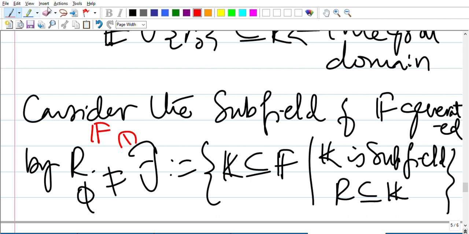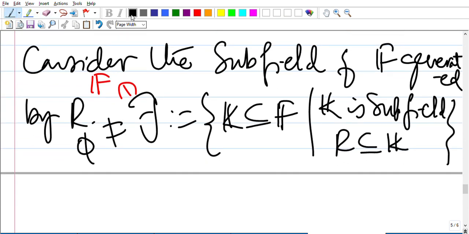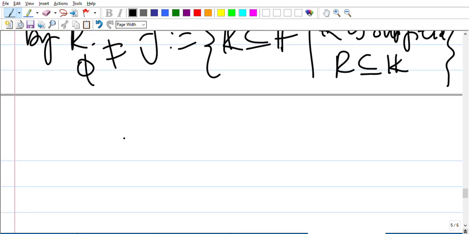Once that is done, you consider the intersection of elements of F, that will be a subfield.